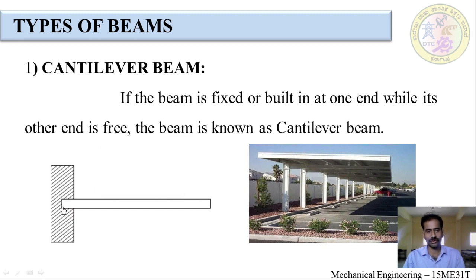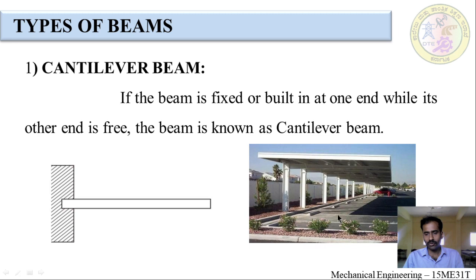This figure shows the beam which is fixed at one end and the other end is free. There is no support at the other end. These types of beams are called cantilever beams. There is an example of car parking where we are using a number of beams which are fixed at one end, and the other end is free.